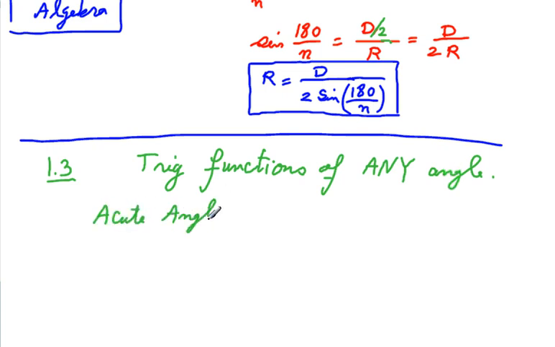Acute angles are the angles that you encounter in right triangles. Angle theta is acute if it is between 0 and 90 degrees. Or if you want to be a little bit more demanding, you might make it strictly between 0 and 90, like that.